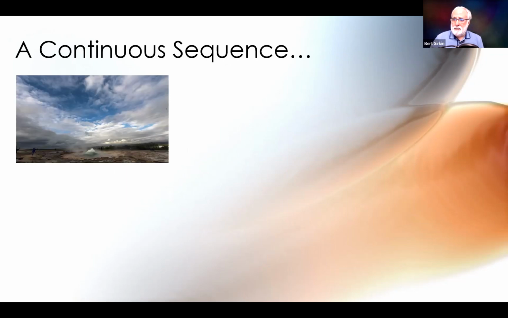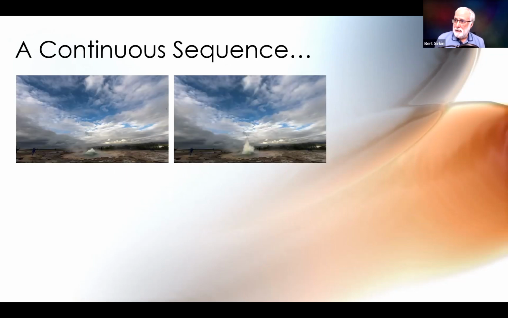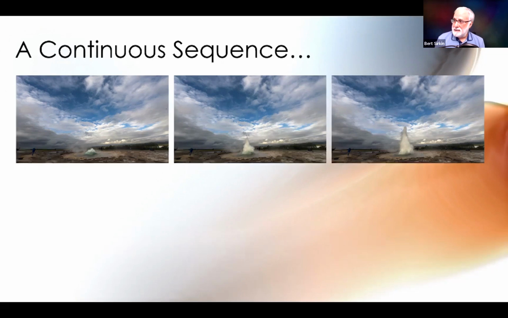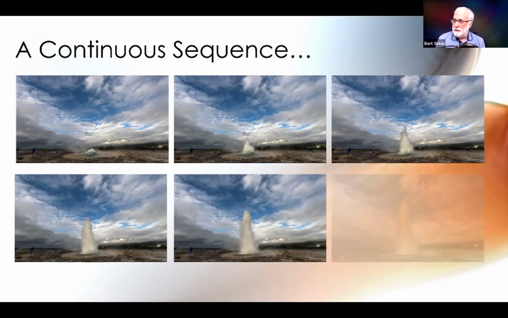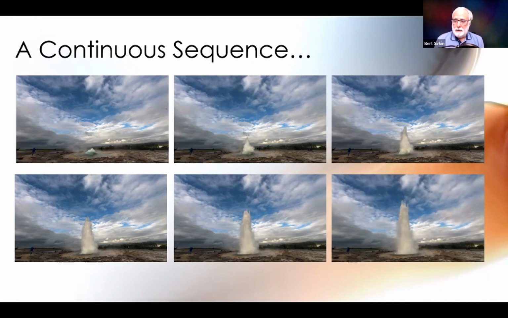If we take a sequence like this of a geyser I took in Iceland, we have a variety of images of a sequence of action, and we can then animate it into an animated GIF. Now, the actual sequence I'm going to show you, if it works, and I sure hope it works, is more than 6 images, but I'm just showing you 6 of the images in the sequence.